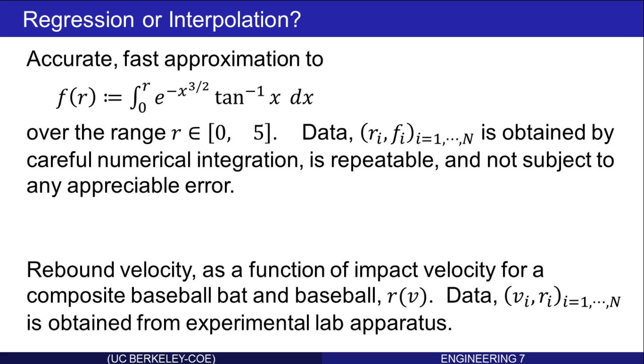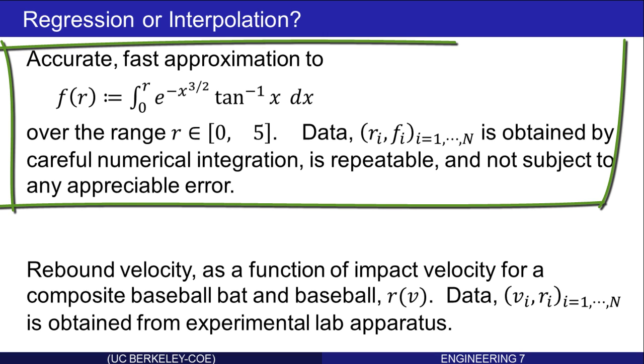Another problem involves the rebound velocity as a function of the impact velocity for a composite baseball bat and a baseball. Here, r is the rebound velocity as a function of v, the impact velocity. The data is several impact velocity, rebound velocity pairs that have been obtained from an experimental lab apparatus.